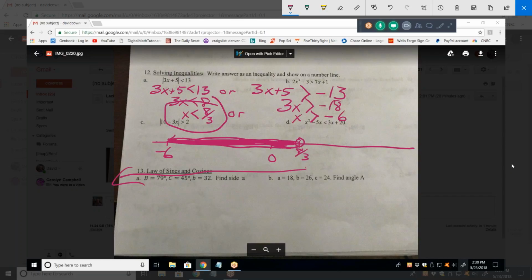Or x is greater than -6, goes all the way to positive infinity. Could this thing be true for all x's? Well, I don't know, to be honest with you. I'm inclined to think that this is the solution. How can we tell?